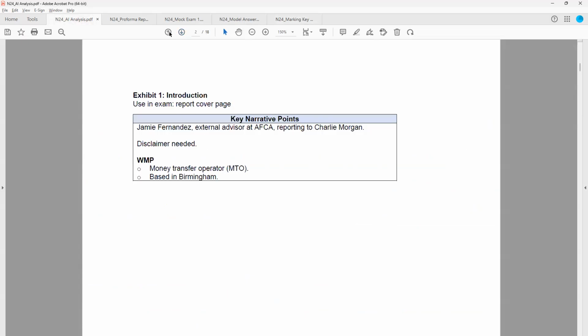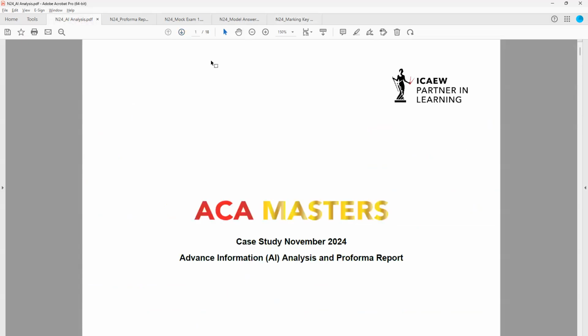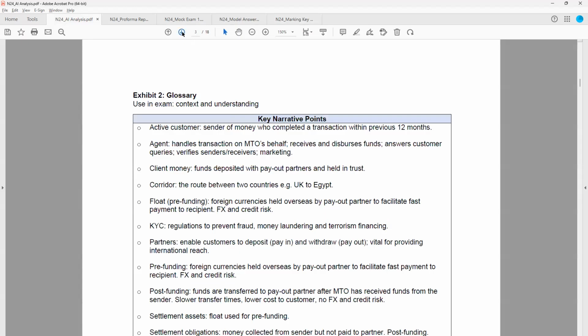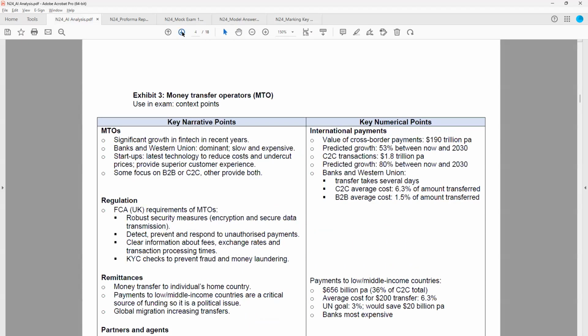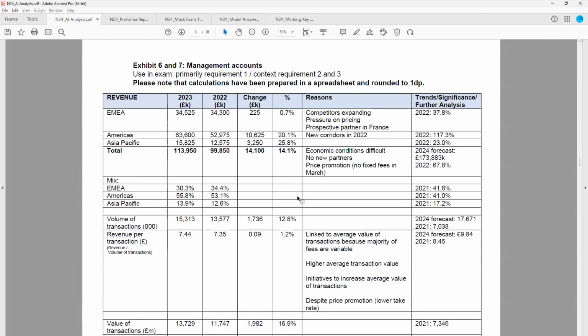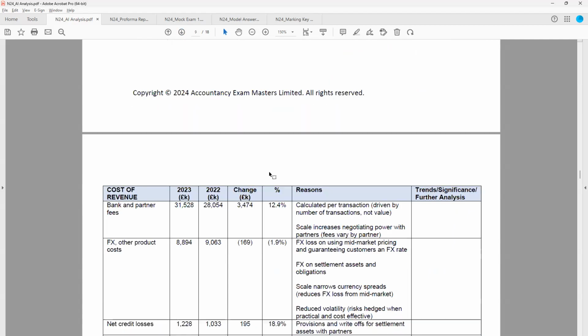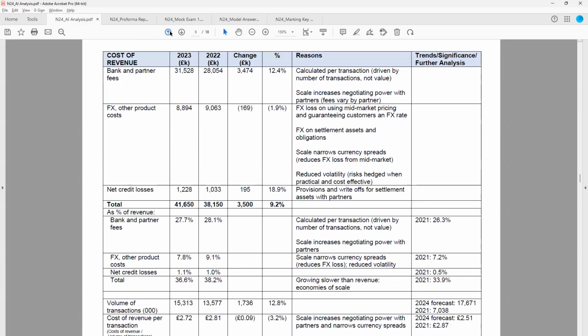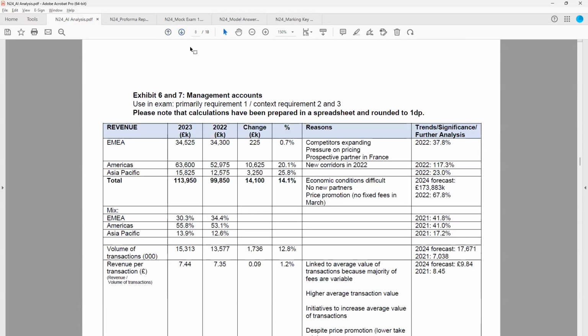And also my November 2024 AI analysis document, which summarizes the key points for each exhibit and analyzes the management accounts, so you've got them in a format ready to use for your appendix in the exam.